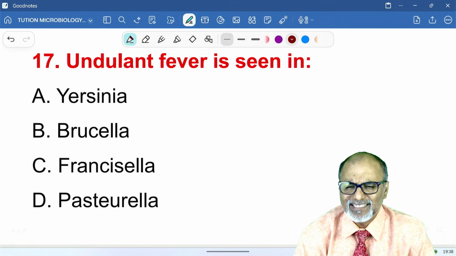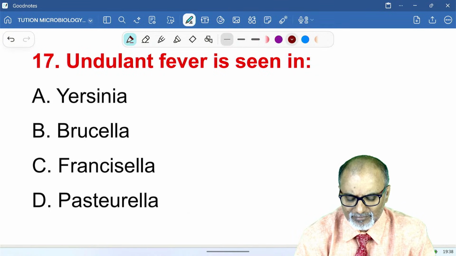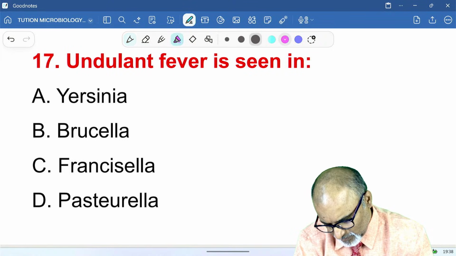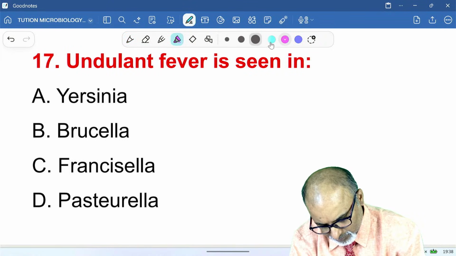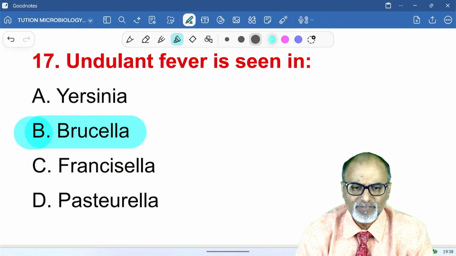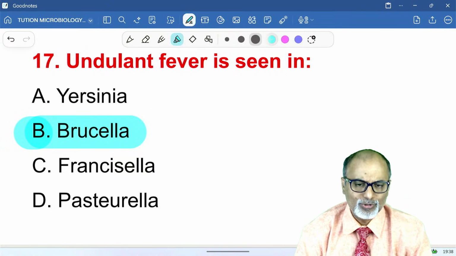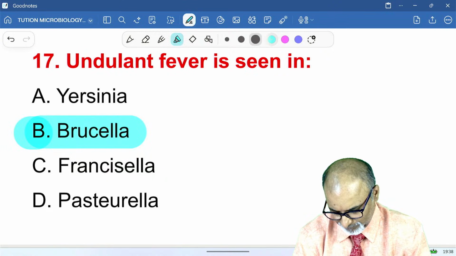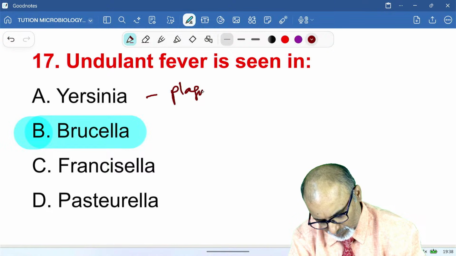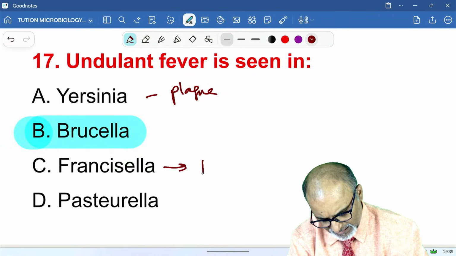Okay. Next is, undulant fever is seen in. Undulant fever is the other name for brucellosis. Yersinia causes plague. Francisella causes rabbit fever.